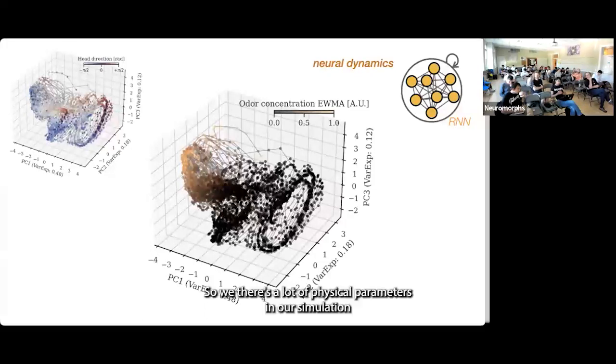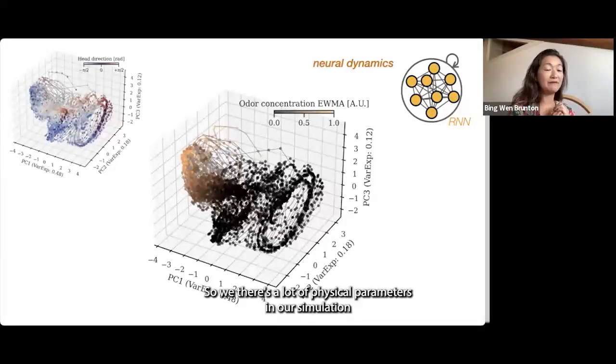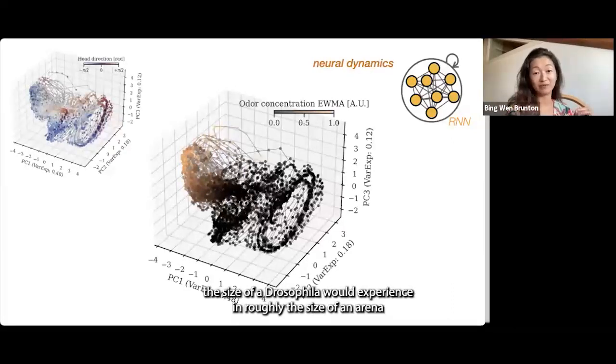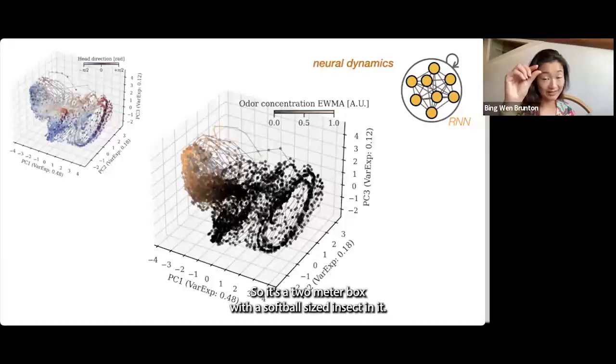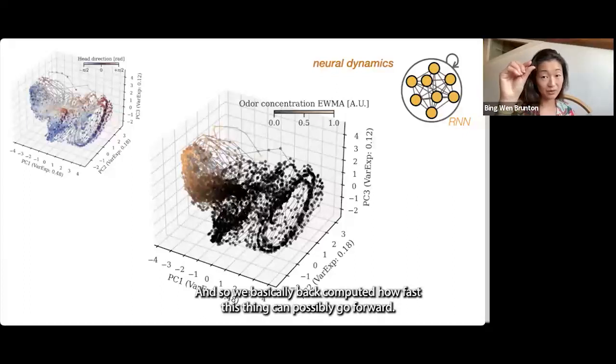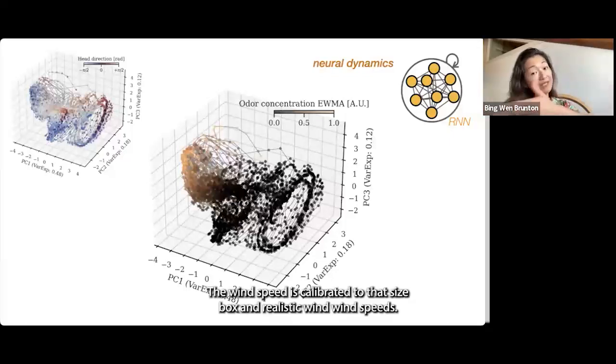Effectively, yes. There are a lot of physical parameters in our simulation that we hand constrained to be roughly what something the size of a Drosophila would experience in an arena a few meters long. So it's a 2-meter box with a Drosophila-size insect in it, right? We basically back computed how fast this thing can possibly go forward. The wind speed is calibrated to that size box and realistic wind speeds.